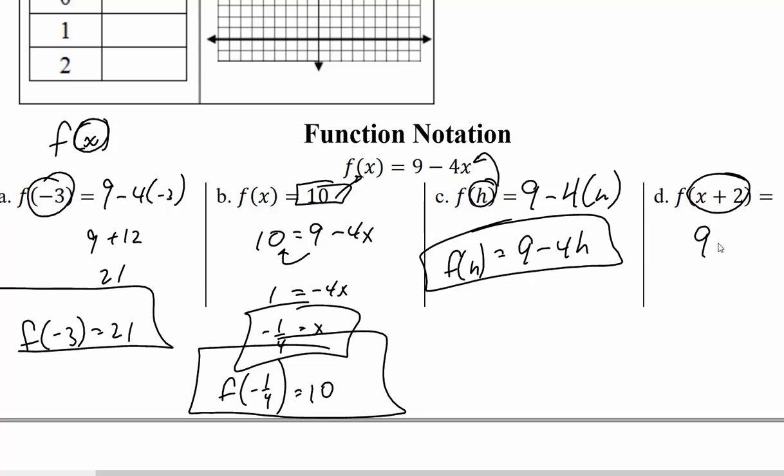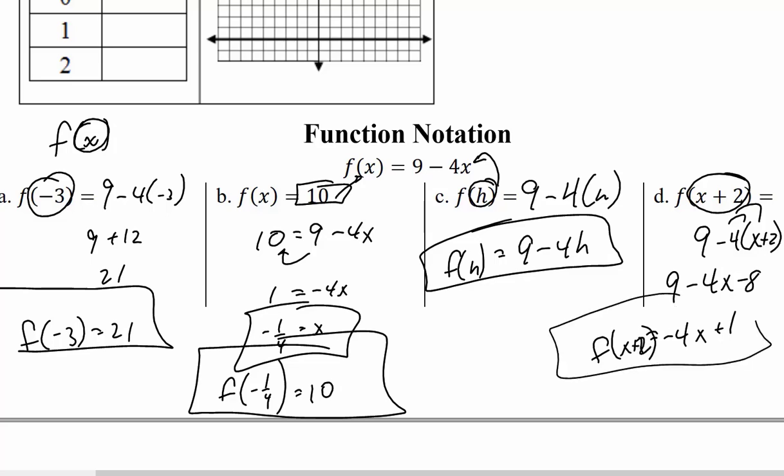So it's 9 minus 4 times x plus 2. Then I have to distribute, so I get 9 minus 4x minus 8. So my answer is -4x plus 1, with x first, is equal to f of x plus 2. That's a terrible 2. And that is my answer there.